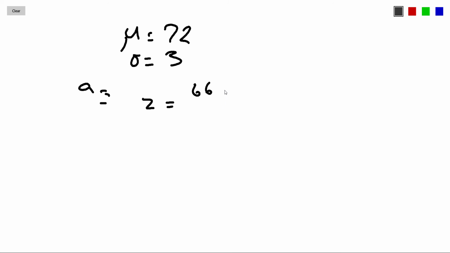So we do 66 minus 72 all over 3. Again, these numbers are always going to be constant in this situation. So we have negative 6 divided by 3. So for A, our z-score would be negative 2. Again, B and C, you see how they do.